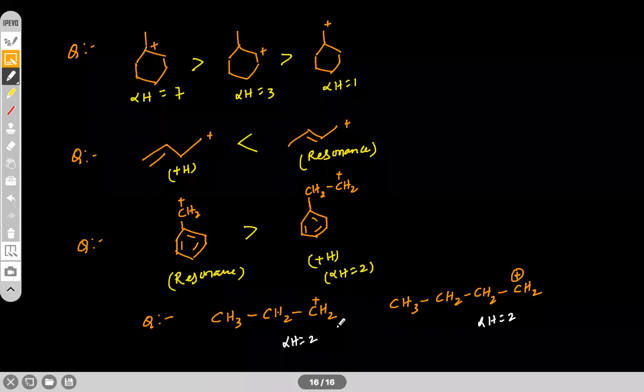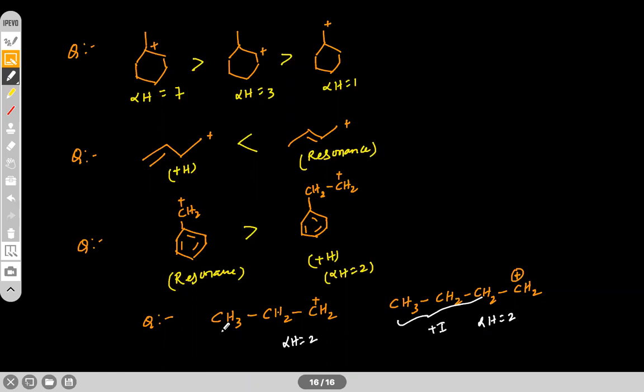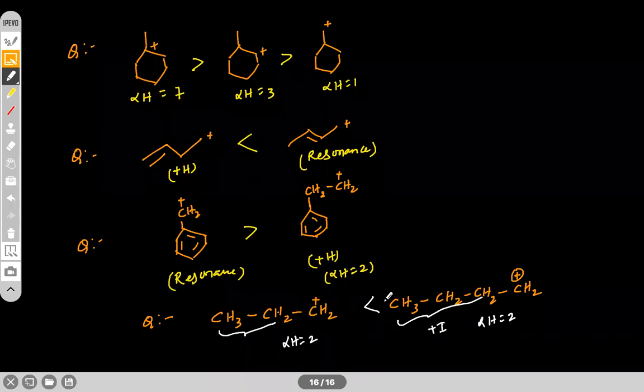Correct? Then we'll see what the next electronic effect possible in this molecule is. And that is nothing but I effect. So I effect of this group is more than this because of its size, and hence the stability is more for this one. Are you getting it now?